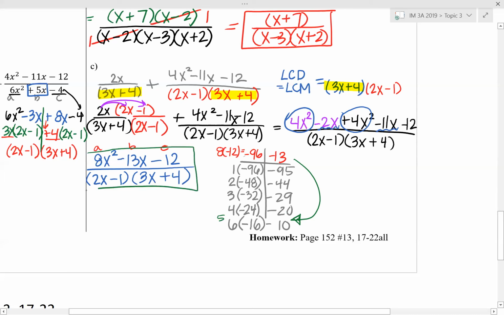And so I cannot factor the numerator, which means that I cannot simplify the fraction. So this answer is just 8x squared minus 13x minus 12 all over 2x minus 1 times 3x plus 4.